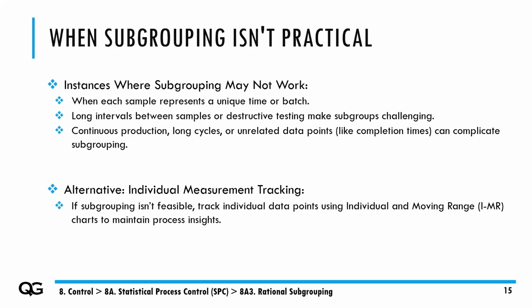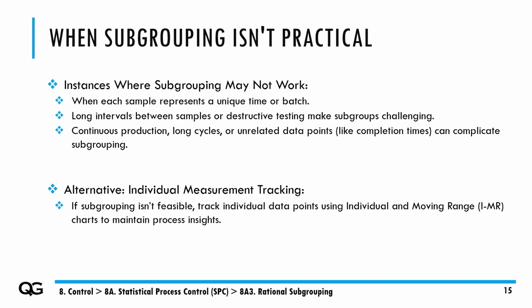Now another thing is that at some places subgrouping might not be practical, and we already said that sometimes we might have a subgroup size of 1. So basically subgroup size of 1 means we are not having a subgroup, we are just taking a sample. And we might have to do this because subgrouping is not practical. Why? Because it might be a situation where we are doing destructive testing. In destructive testing, you might want to limit the number of samples which you take each time.